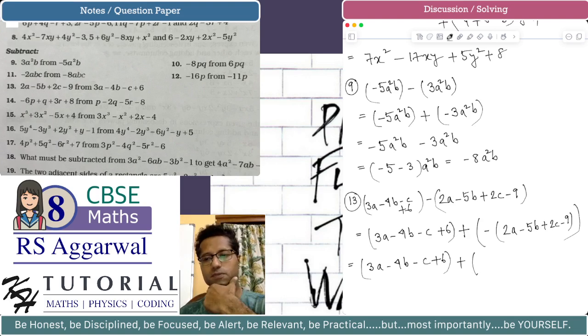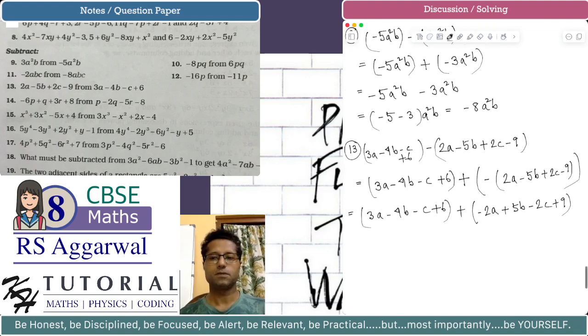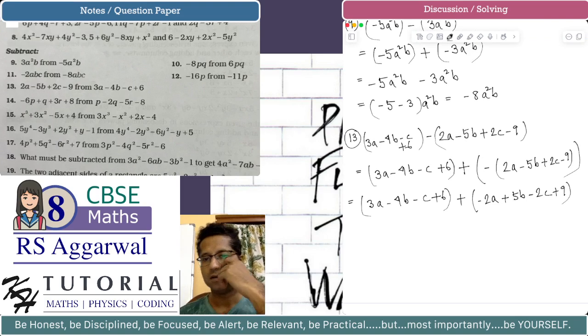So when we negate the algebraic expression 2a minus 5b plus 2c minus 9, it will become minus 2a plus 5b minus 2c plus 9, because we just change the sign of the terms.